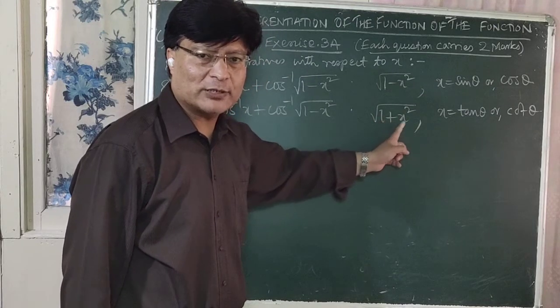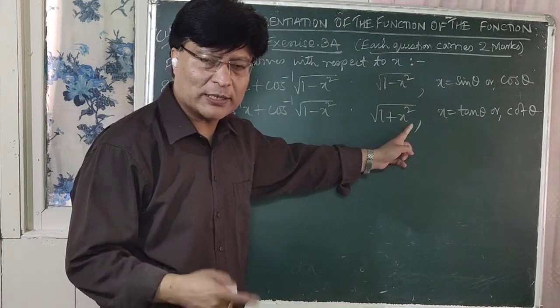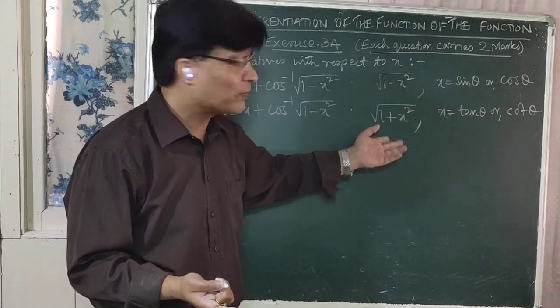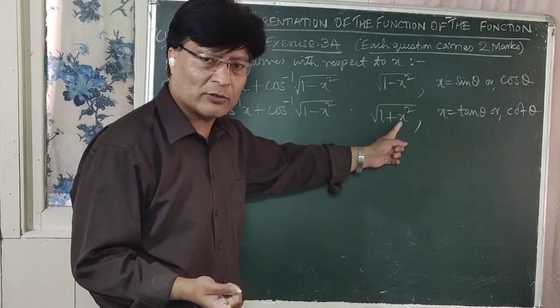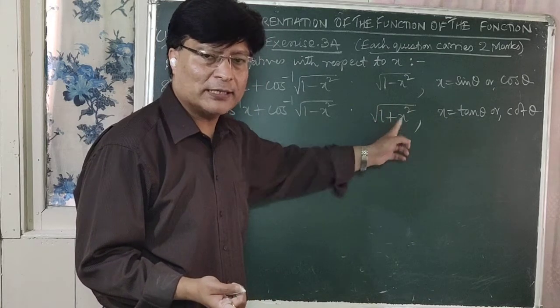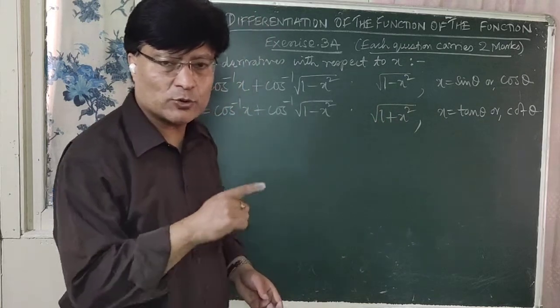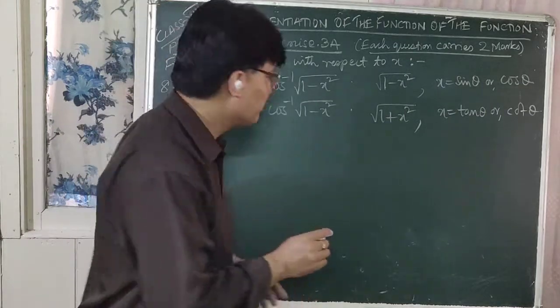What is 1 plus tan square theta? It is sec square theta. What is root over sec square theta? That is sec theta only. You can put x is equal to cot theta also, because 1 plus cot square theta is cosec square theta. And what is the square root of cosec square theta? It is cosec theta. Is that clear?